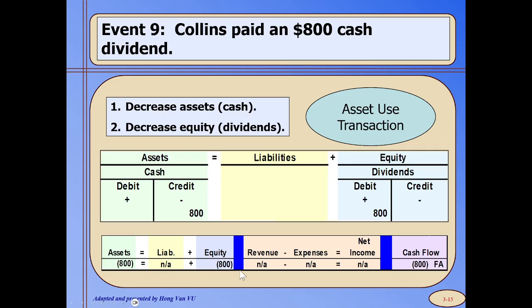Assets decrease 800 and equity decreases 800. No impact on the income statement. The cash flow statement records 800 in outflow from the financing activity. So remember, paying a dividend is a financing activity.